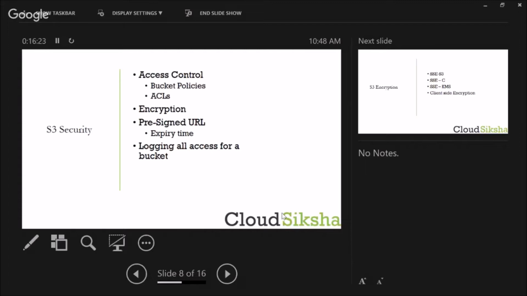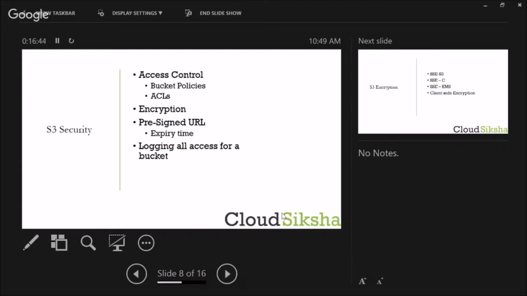Another thing is you can deliver private content using a pre-signed URL. Basically, if you make your bucket public, anybody can access it. But if you make it private, nobody can access it except you as a user. So what if I want only a limited set of people to access my bucket?